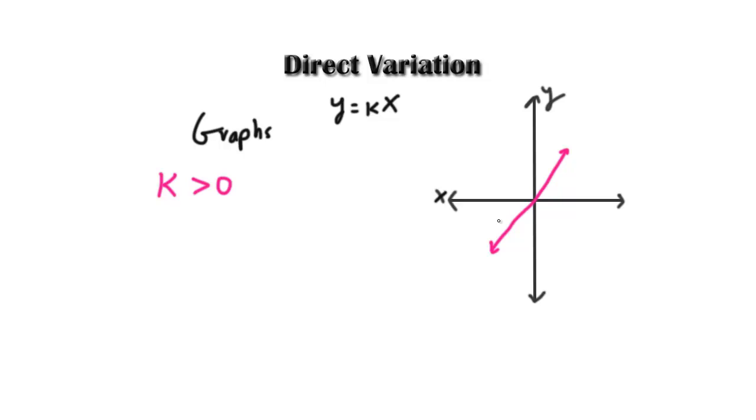So if k is greater than 0, it's going to look something like that. And if k is less than 0, it's going to go in the opposite direction. It's going to go something like this, or something like this.